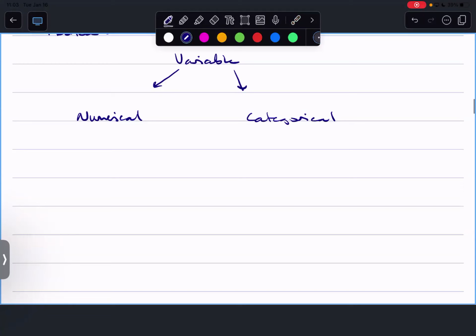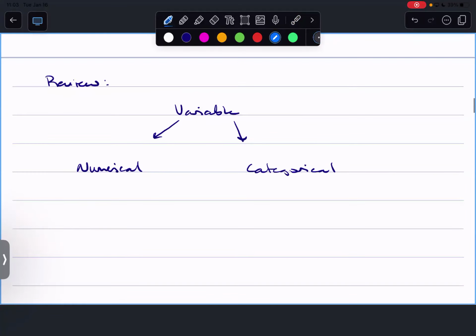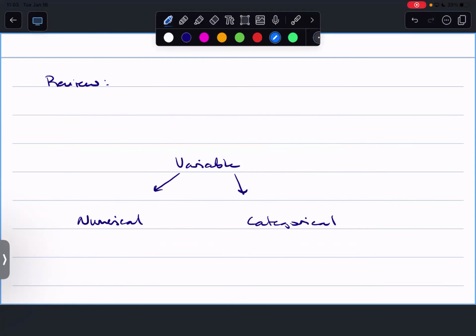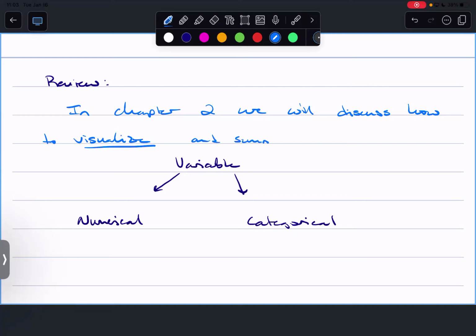I'm going to bump this down a little bit, give myself some room. So in chapter 2, we will discuss how to visualize and summarize each type of variable.